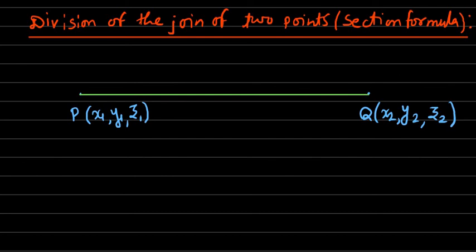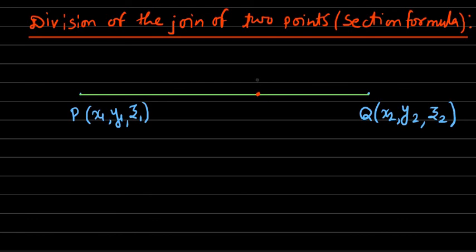And suppose there is one point, R, which divides the segment PQ in the ratio m:1. Suppose we have the point which divides the segment PQ in the ratio m:1, and that point is here.